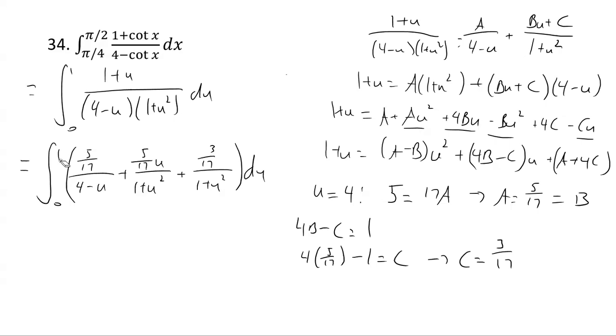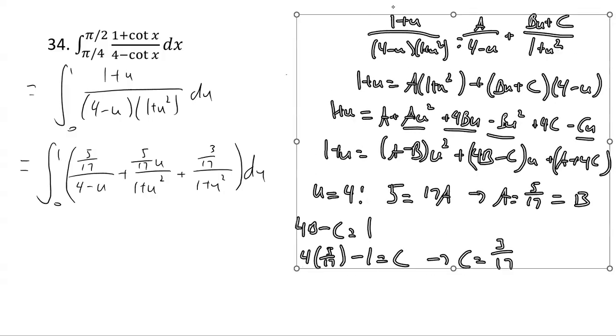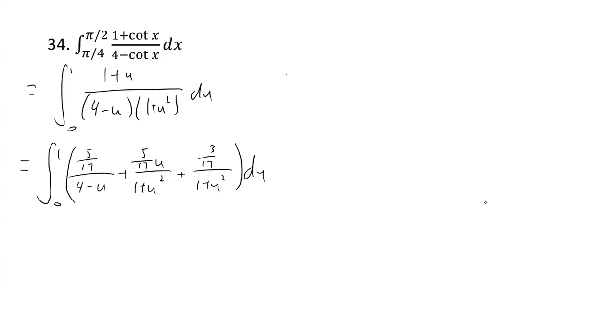Okay. I'm going to erase all this partial fraction decomposition now. You can always rewind in this video. Okay, so first guy, 5 over 17 with a minus sign, natural log of absolute value 4 minus u. Okay, second guy, let's do this slowly. 5 over 17, I'm doing the u sub in my head though.